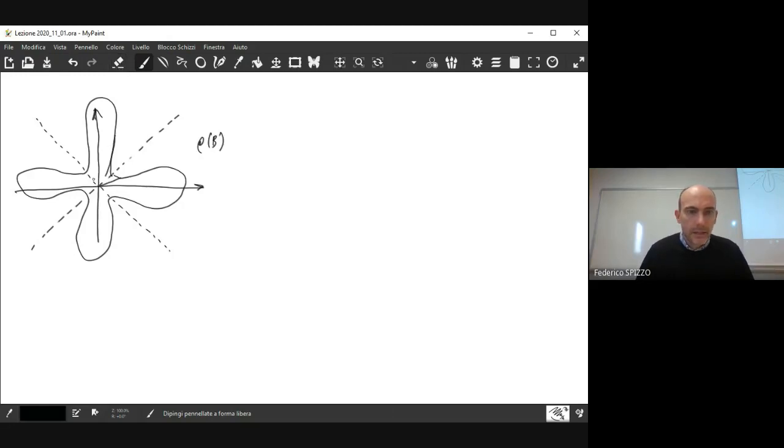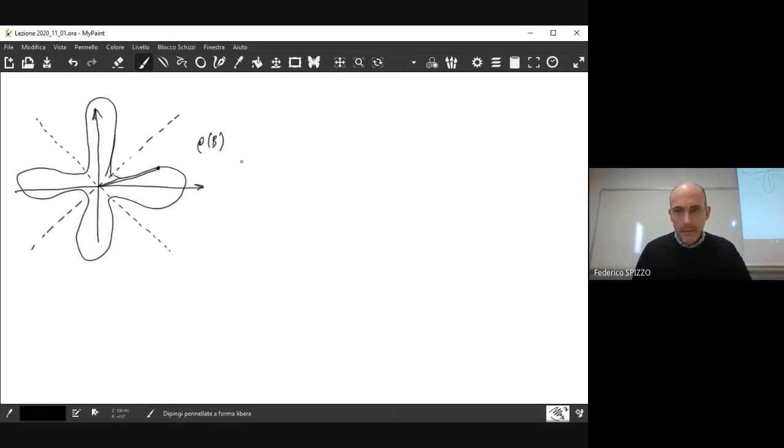Again, the distance between the origin and one point of this curve is proportional to the resistivity that you measure when the electric field is applied along this direction and when the value of the magnetic field is fixed but is large.